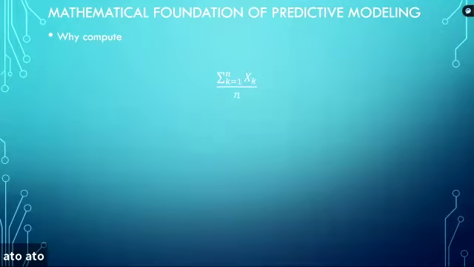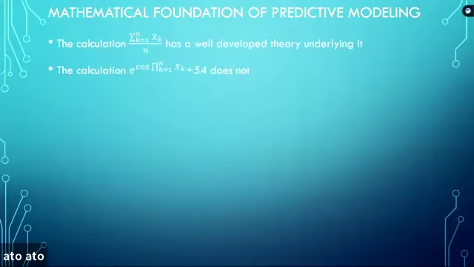There's an infinite number of numbers, an infinite number of computations. So why do you look at that when you could look at that? Instead of taking the sample mean of your data, I say you take its product, you find the cosine of that, you exponentiate the result, and then you add 54 to it. No takers? Okay, so why do we care about the first computation and not the second computation?